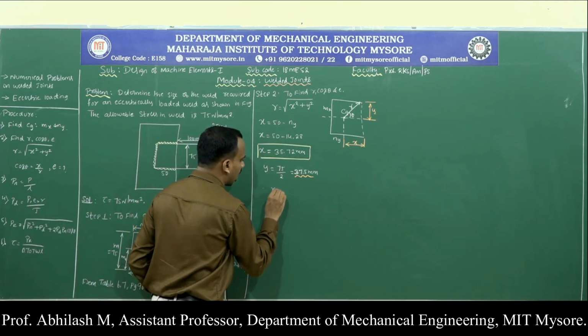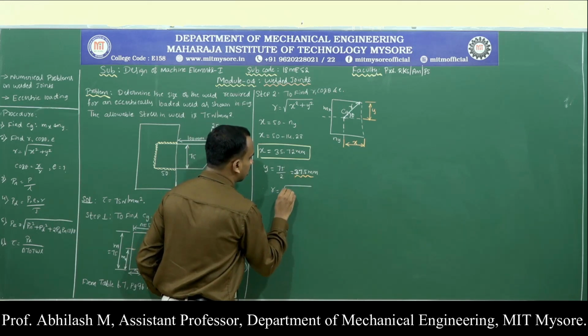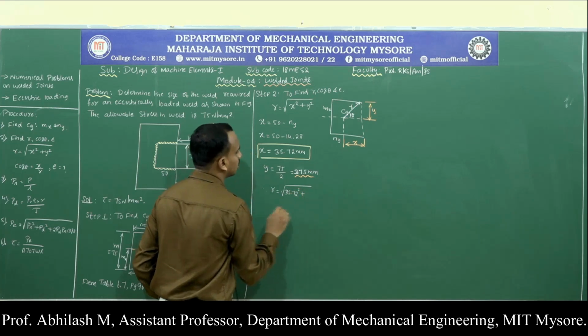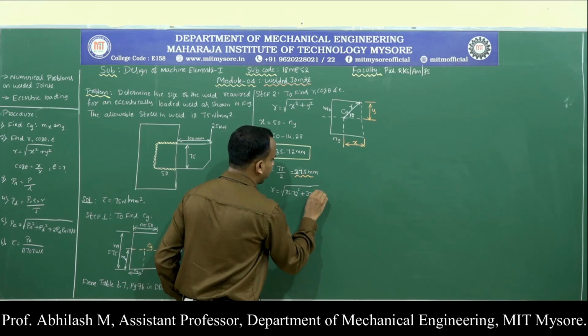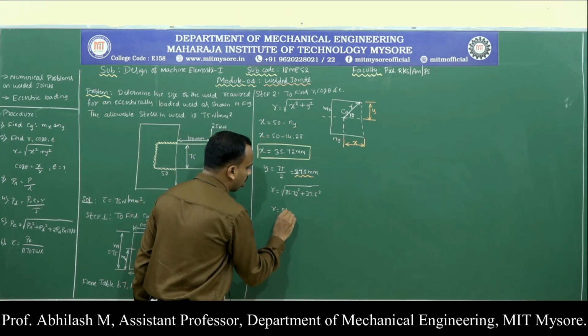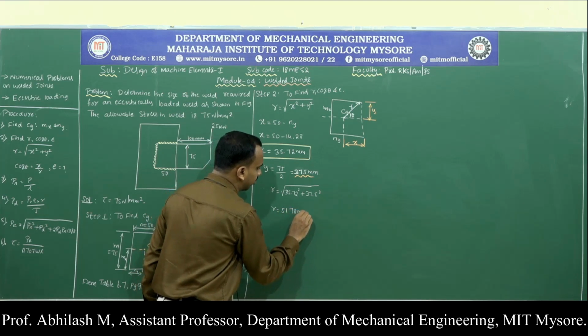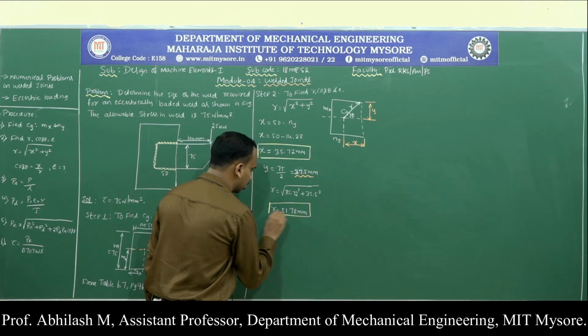So r is equal to root of x square, 35.72 square, plus y square, 37.5 square. We are going to obtain the value of r to be 51.78 millimeter. We got the value of r as well.